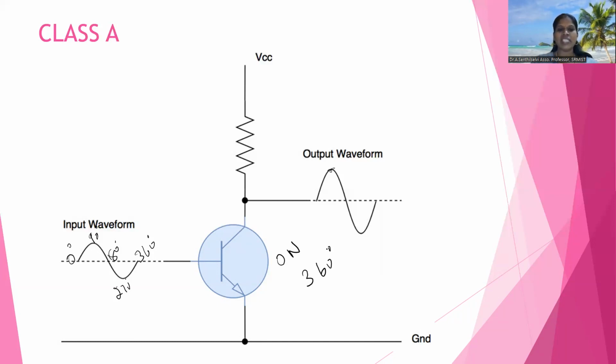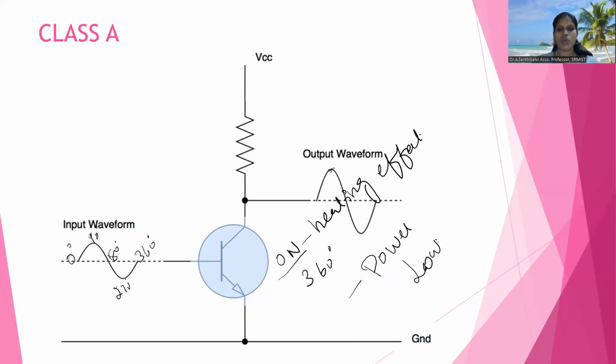That's why it needs some amount of power to process the signal, and it is also on during the entire input. Because of this, it has the drawback of a heating effect, and it also has a lower efficiency. Why does it have a lower efficiency?